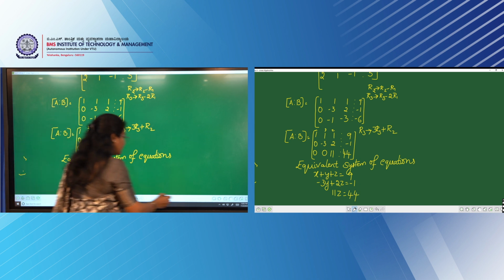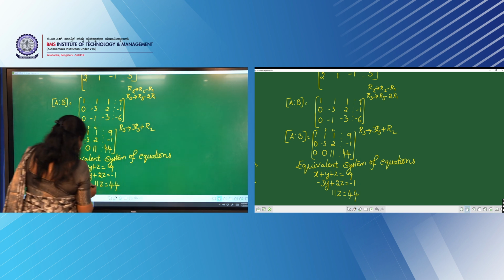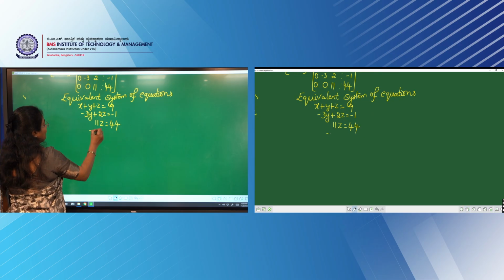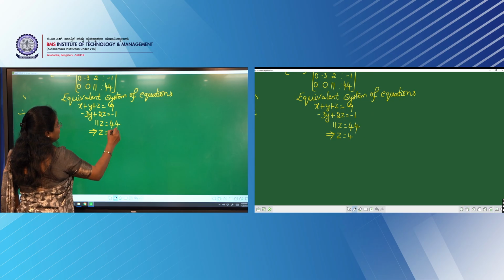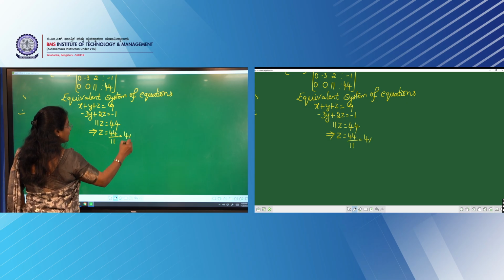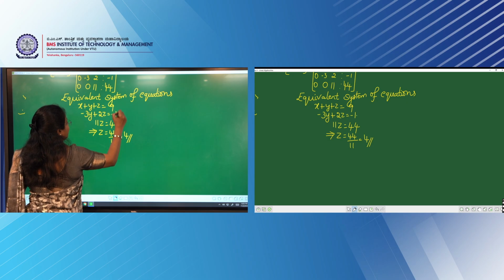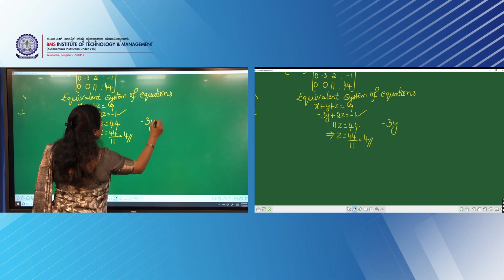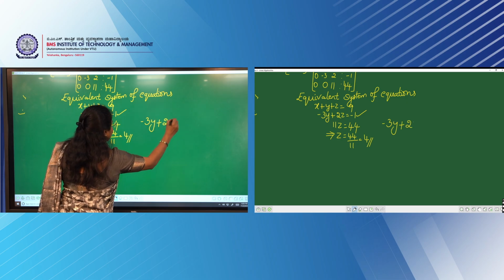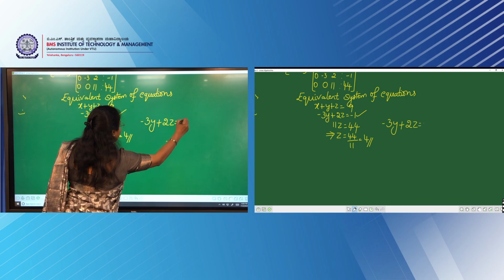So now from back substitution, z is 44 by 11, that is 4. You got z. Then take the second equation, minus 3y plus 2z is equal to minus 1.